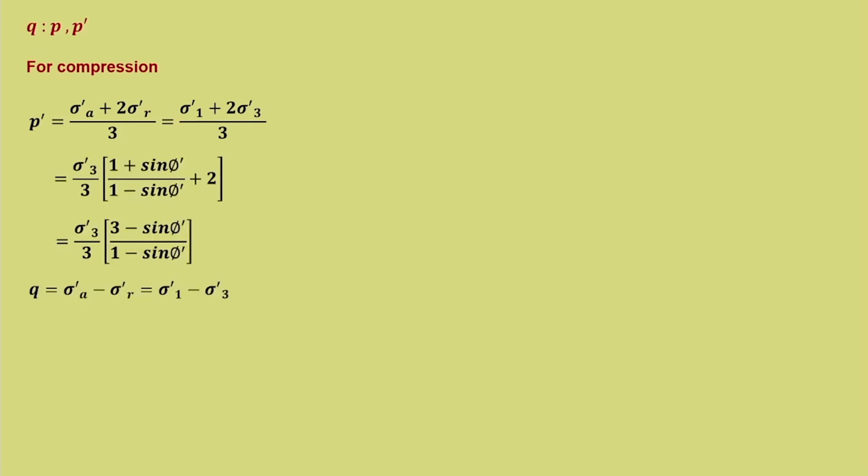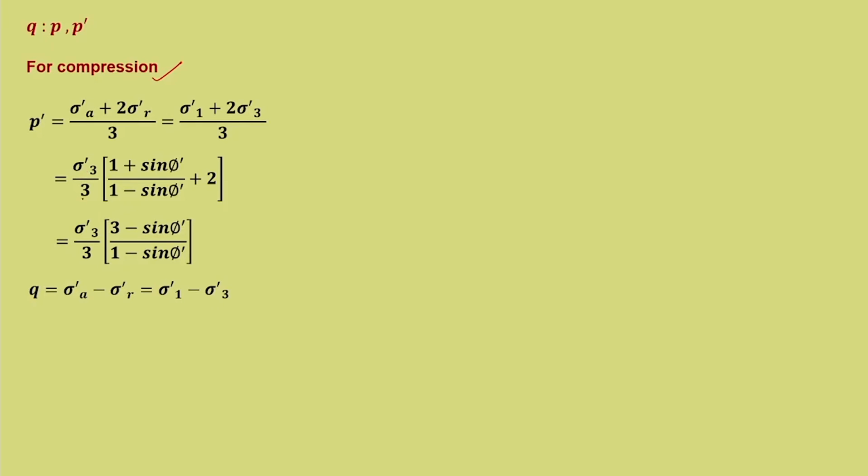So, next is the Q P dash plot for compression. Again, this particular slope we have already defined in module 2 during stress representation, but for completeness I am just showing it. So, you have P dash is equal to sigma A dash plus 2 sigma R dash by 3. Remember this is compression, so sigma A dash is equal to sigma 1 dash.